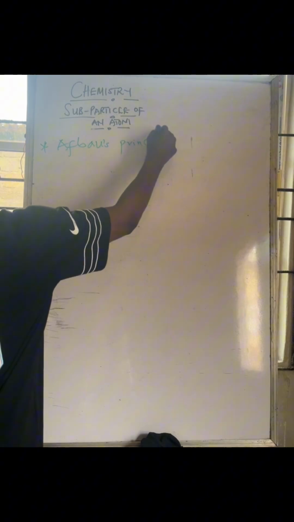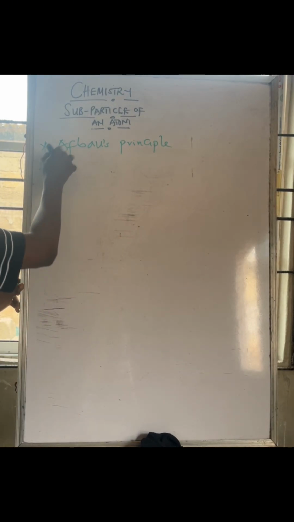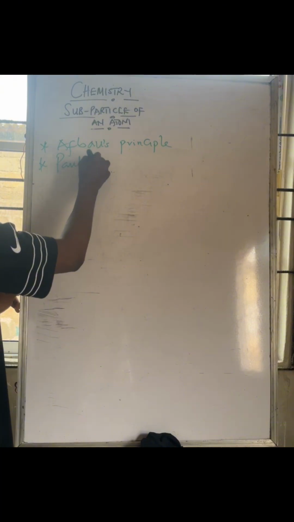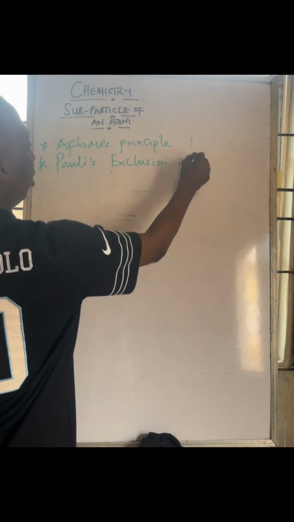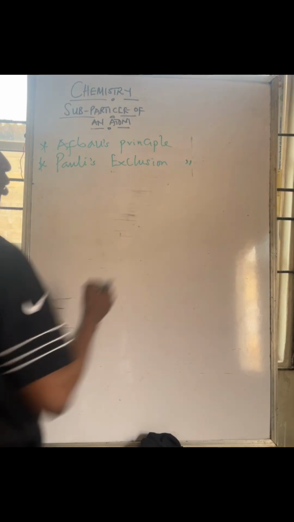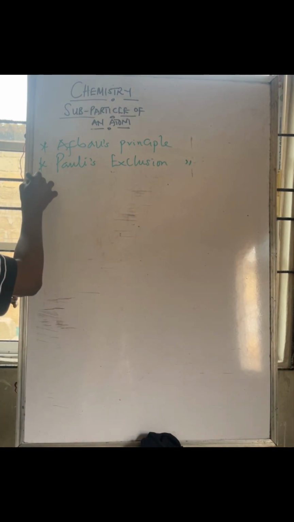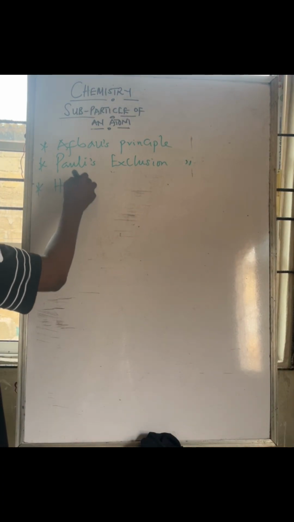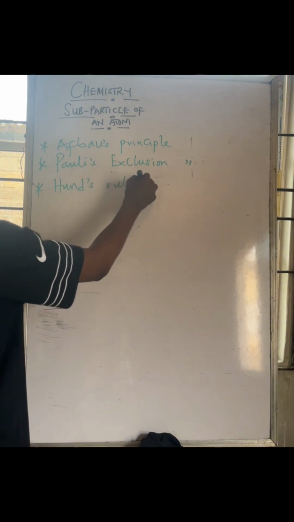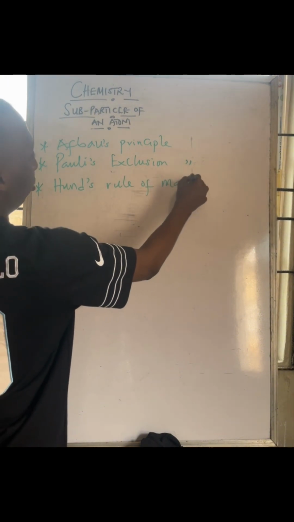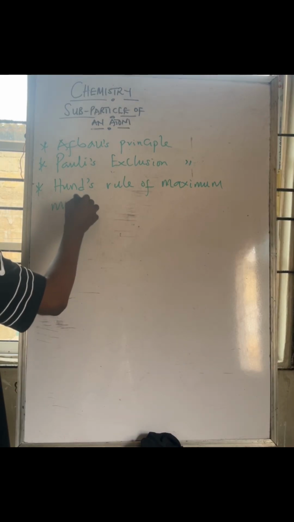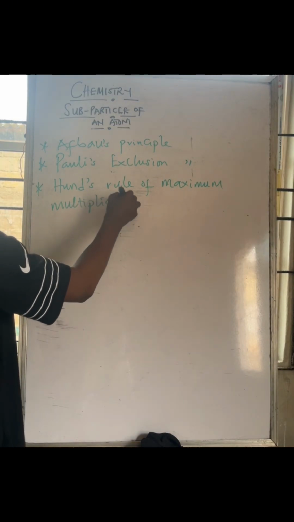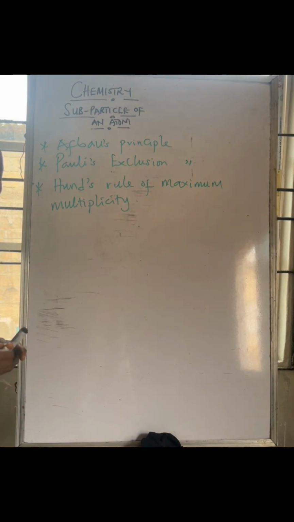The number two principle is called the Pauli exclusion principle. The third is Hund's rule of maximum multiplicity.